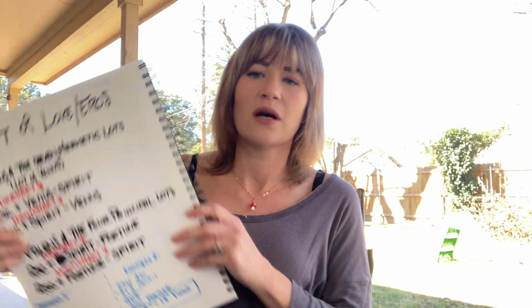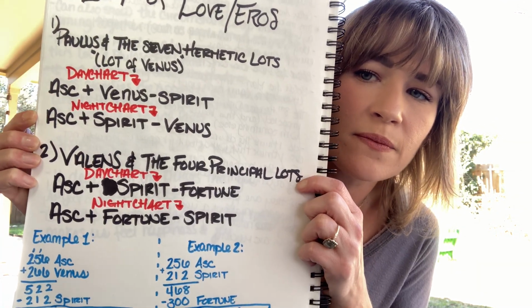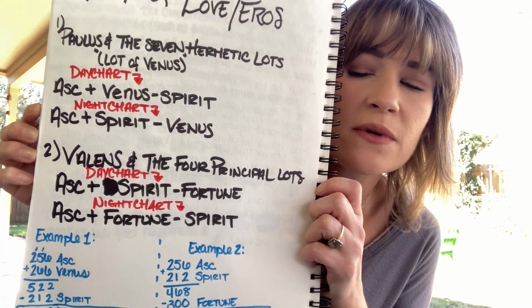Now Valens talks about it. With the second formula, one of the four principal lots, which is where Valens stuff came from, he brings up that notions of morality and philosophy come into play.